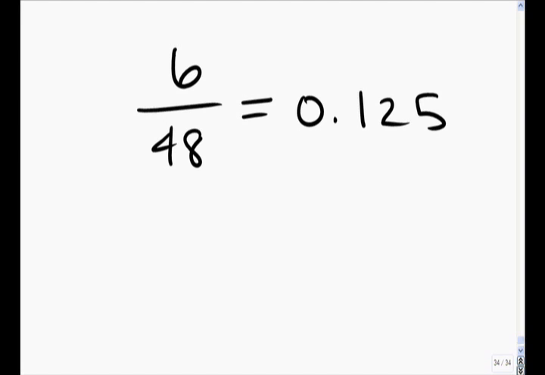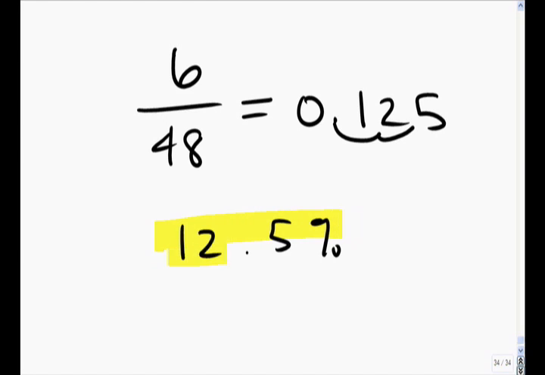Multiplying this number by 100 moves the decimal 2 spaces to the right. 12.5% of the class has exactly 2 children.